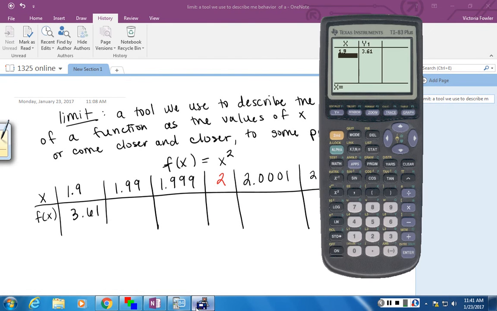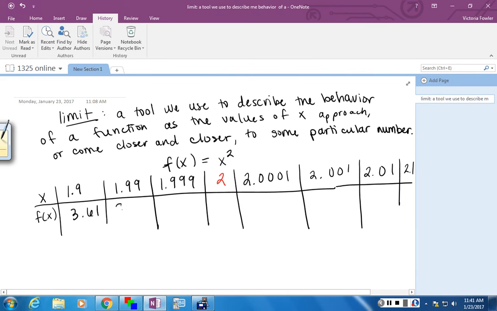and I can do this for 1.99, I can do it for 1.999, and of course we know what 2 squared is. And then we can do this on the other side as well.